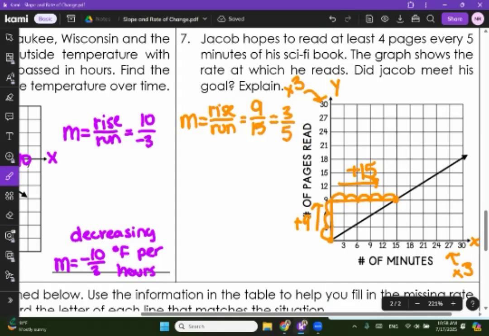Equals 3 over 5. So what does that mean? That he reads 3 pages per 5 minutes. So does he meet his goal?